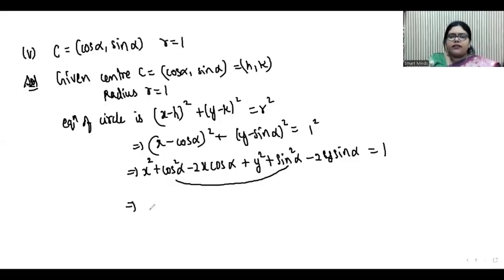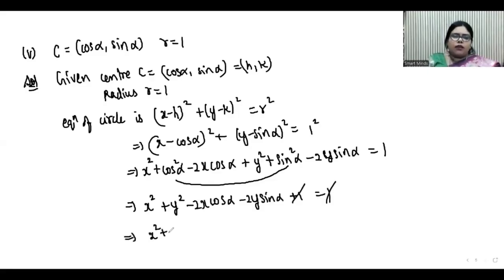So we can write this as x square plus y square minus 2x cos alpha minus 2y sin alpha plus 1 is equal to 1. Now this 1 and 1 get cancelled. You will get x square plus y square minus 2x cos alpha minus 2y sin alpha equals 0.